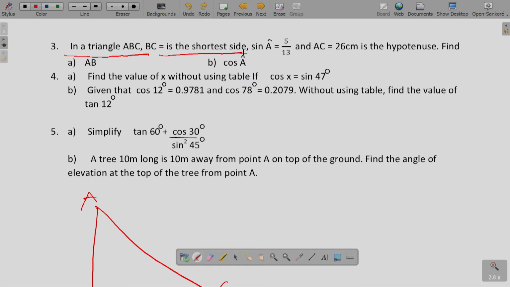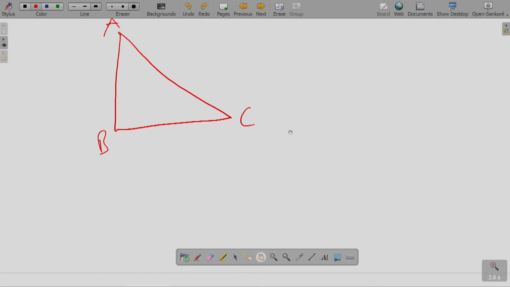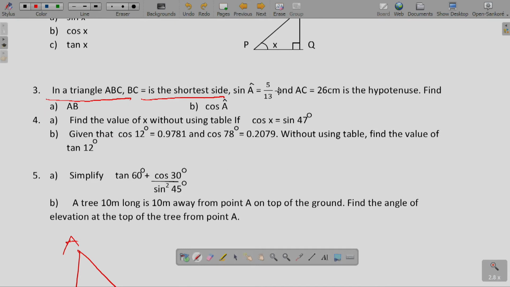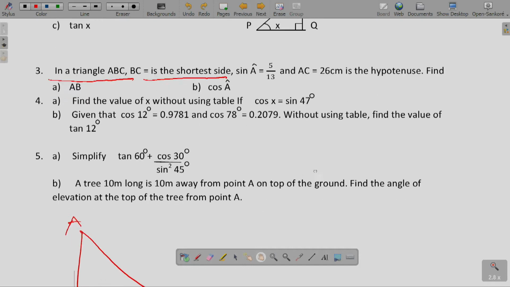BC is the shortest side, meaning length BC is the smallest length compared to the other side. Also, you are given the value of sine A, which is equal to 5 over 13, and AC is equal to 26, the hypotenuse.